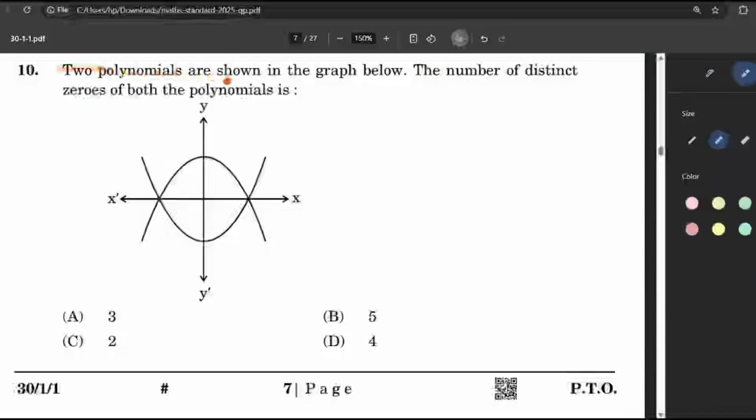Two polynomials are shown in the graph below. The number of distinct zeros of both the polynomials is?